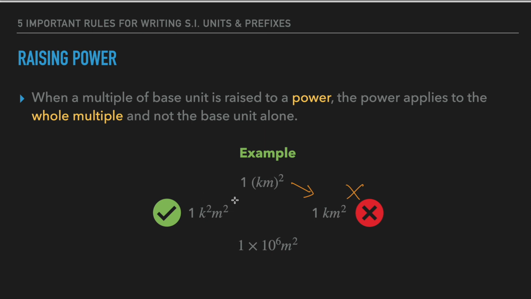So the correct approach is 1 kilo squared m squared. So it's kilo squared, which basically means k and k, which is 10 power 3 times 10 power 3. They are going to add up, and here we have the result, which is 1 times 10 power 6 m squared, which can also, if you apply prefixes, be 1 mega m squared.